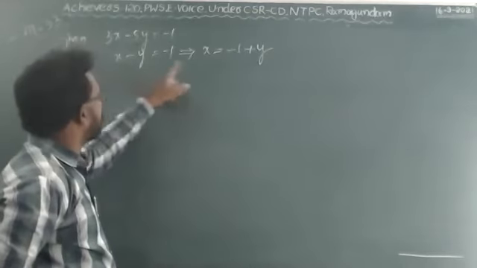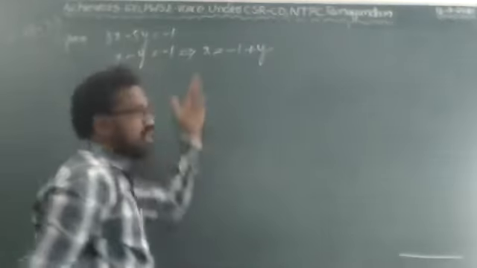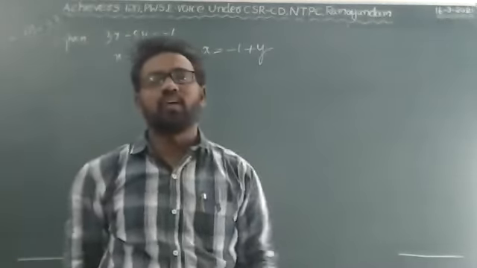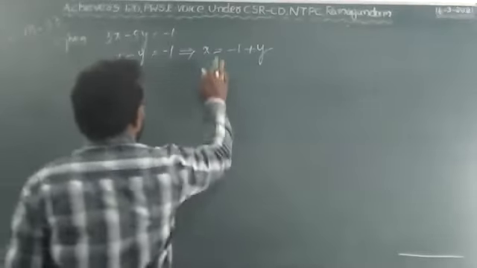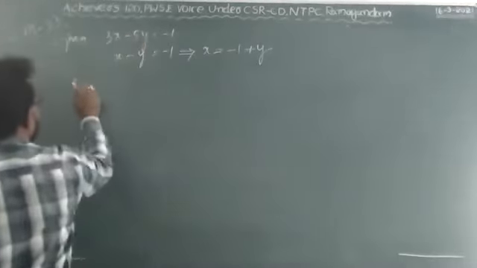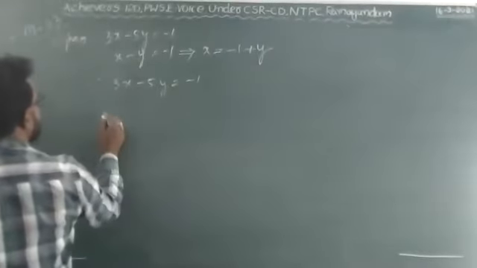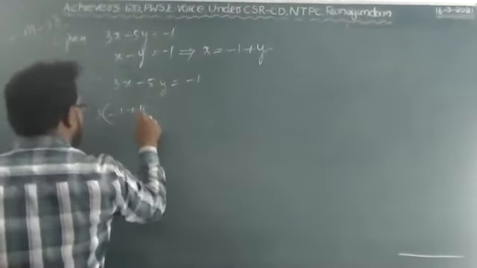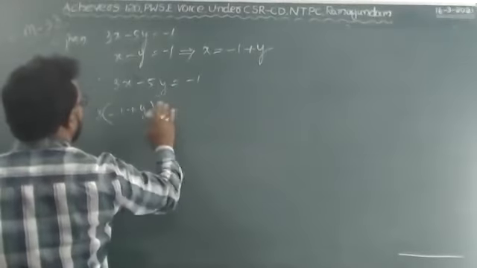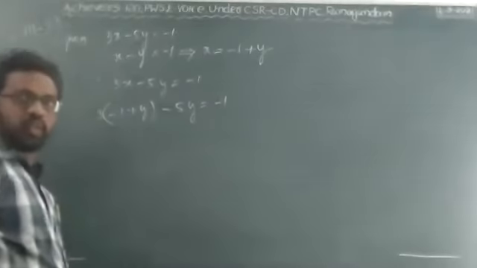See, it is very easy now. For x and y there is only one coefficient, so find out the x value or the y value, no issues. Now see here, substitute this x value in this equation. Since 3x minus 5y is equal to minus 1, substitute the x value in this. That is 3 into x, and x is minus 1 plus y. So 3 into (minus 1 plus y) minus 5y is equal to minus 1.